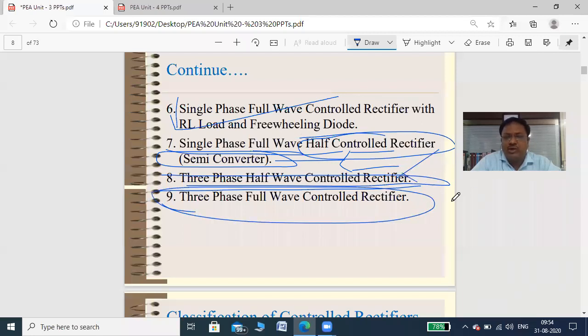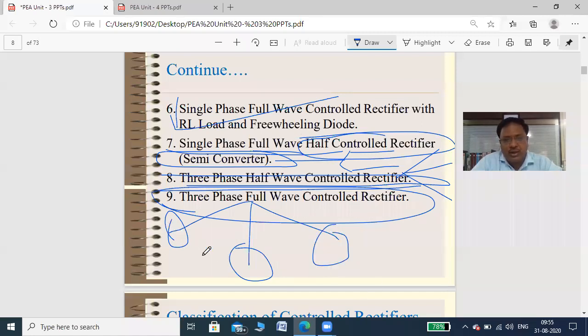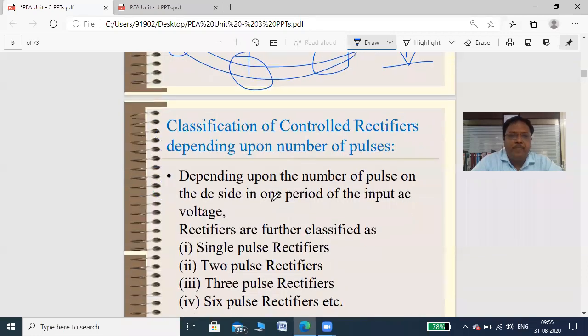So midpoint converter for R load, for RL load, and with freewheeling diode, three topics. And for three phase full wave controlled converter for R load and RL load, and even with freewheeling diode, again three different topics, and even semi converters are two topics that we have already covered.